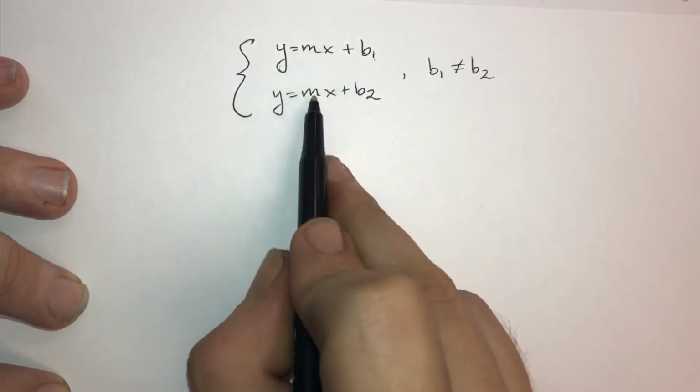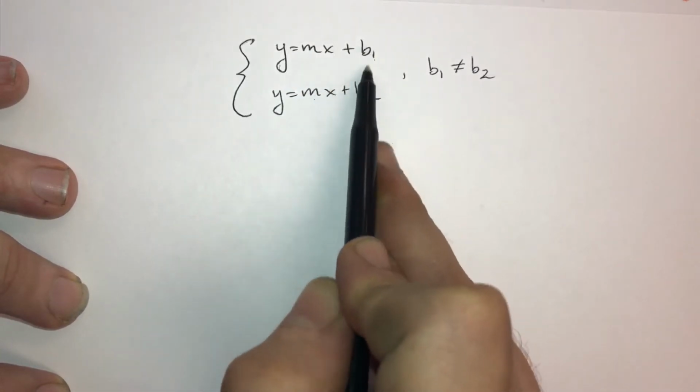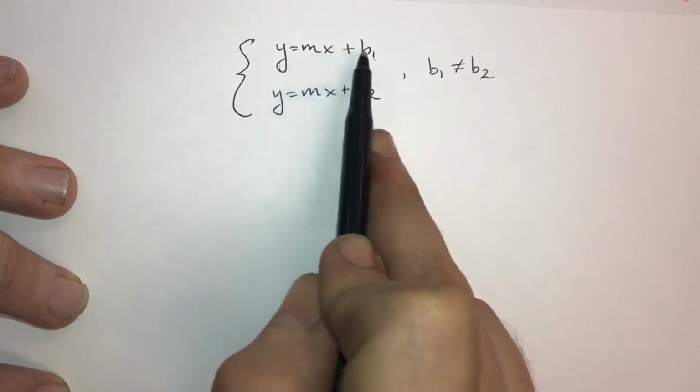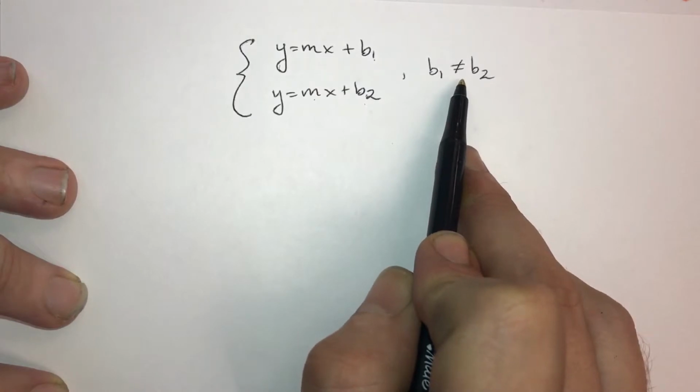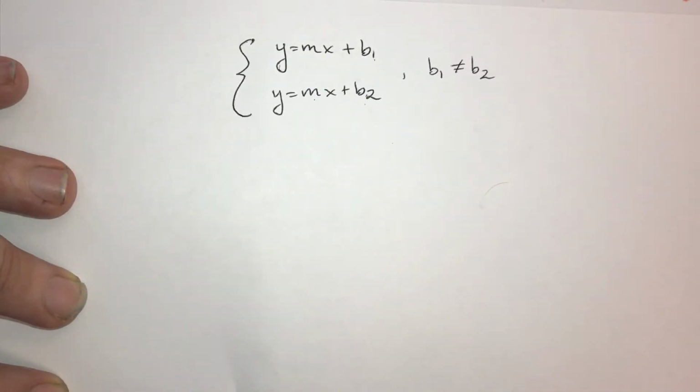So here we have two equations, each of a different line because they have the same slope but different y-intercepts. Remember last class we talked about two lines having the same equation when they have the same slope and same y-intercept. So since these y-intercepts are different, these are different lines. So the question is, do these lines intersect? Or can we come up with two lines that don't intersect? We're going to see in a second that these two lines don't intersect.